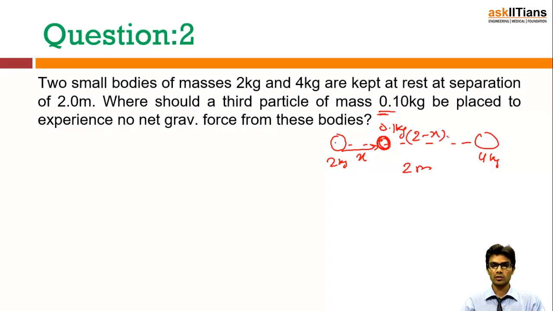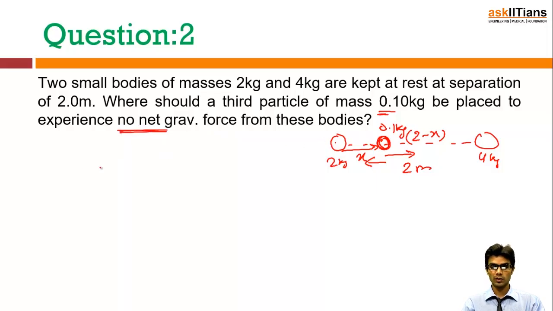Since gravitation is attractive in nature, on this new body the force due to 4 kg will be in this direction and the force due to 2 kg will be in this direction. So the forces are in opposite directions, and for no net gravitational force we have to equate these two forces.